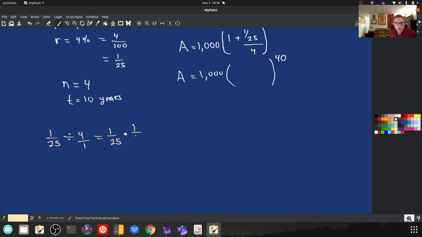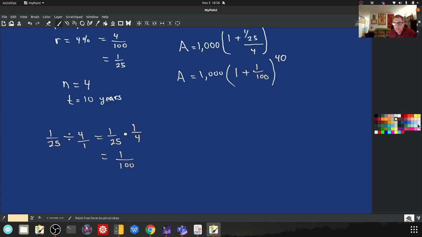Its reciprocal is 1 divided by 4. So this is 1 over 25 times 4, which is 100. So now this is 1 plus 1 over 100.